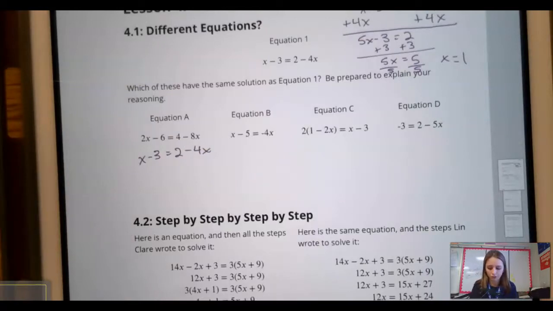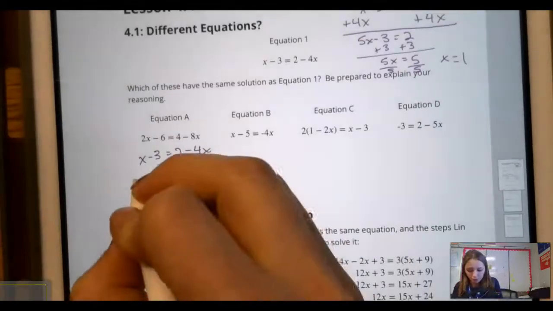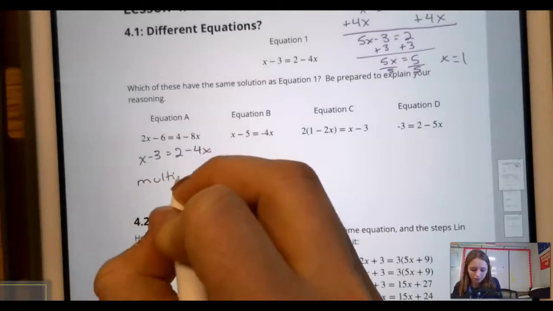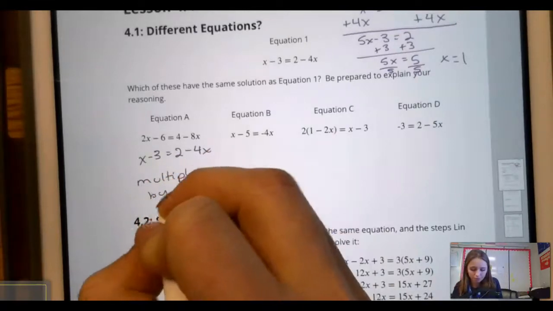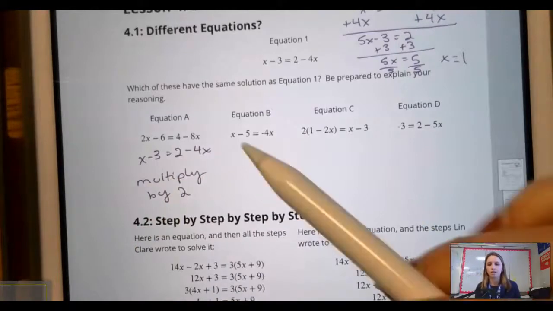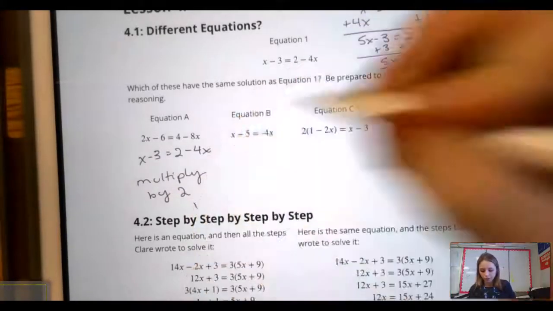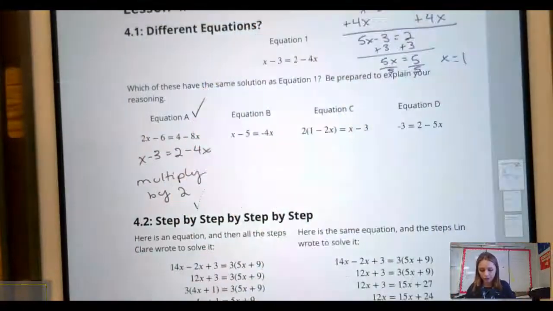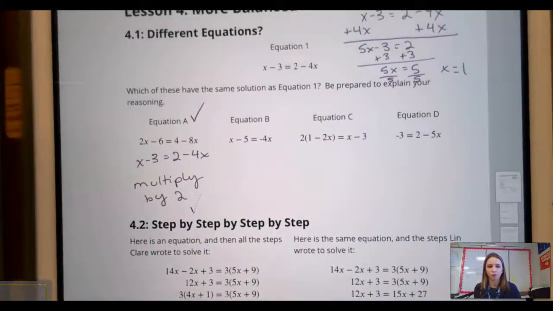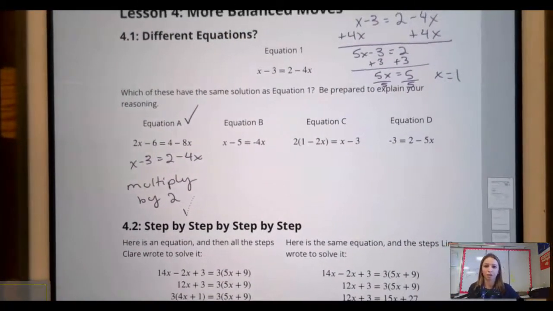So what I could do is multiply by 2, and then I'd end up with that same equation. And because it would match, I know that we would have the same solution. Alright, so equation A does have the same solution.